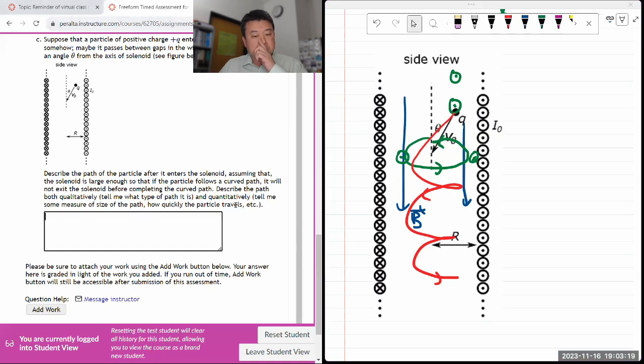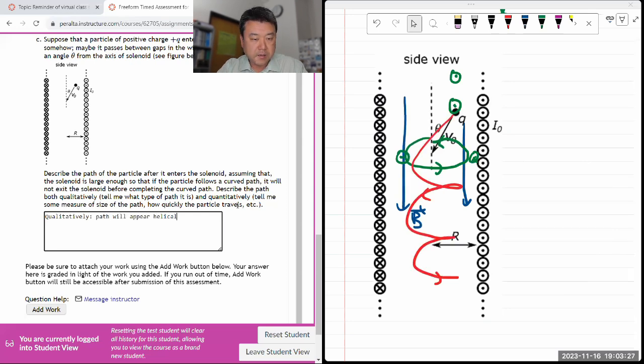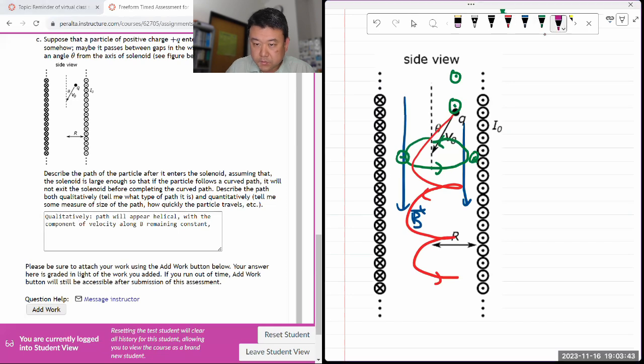Okay. So qualitatively, path will appear helical with the component of velocity along B remaining constant. So this would be V not parallel, that's constant, and there will be component V not perpendicular.